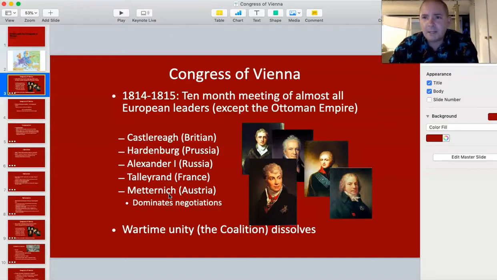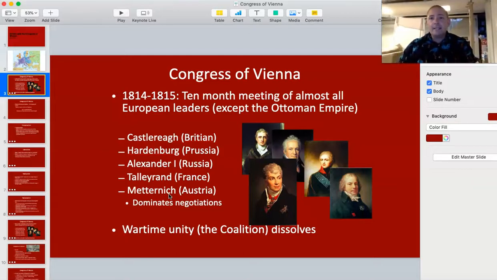Clemens von Metternich, a name I've mentioned before, is the Chancellor of Austria, and he becomes the dominant figure in the Congress of Vienna as a leader who wants to restore Europe back to the way things were before Napoleon. The other people who are important here, Lord Castlereagh, who is British.